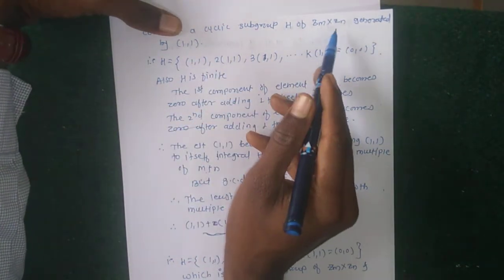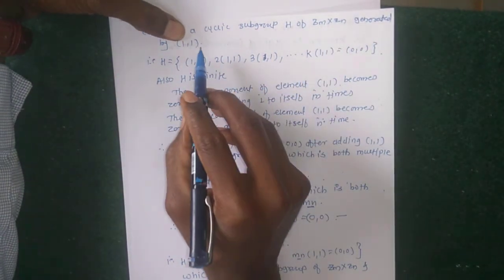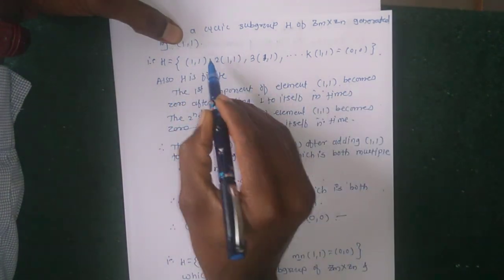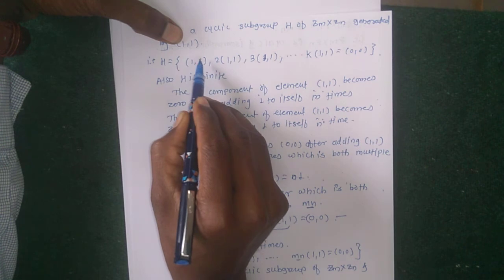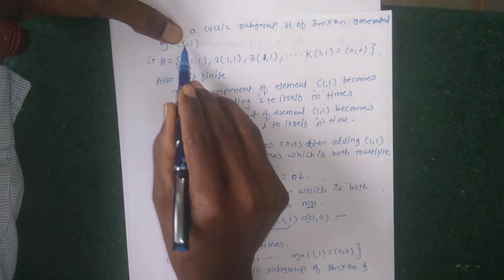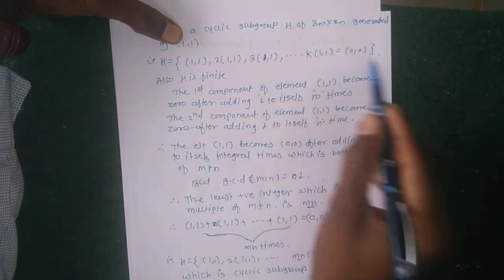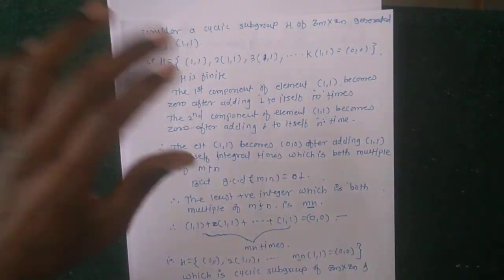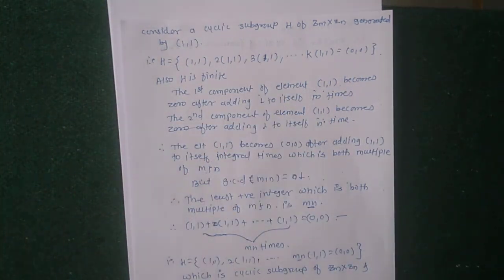Zm cross Zn is a group with respect to addition, so the elements are of the form n into (1,1): 1 into (1,1), 2 into this element, 3 into this element, and so on. H is finite, because Zm cross Zn has only order mn.